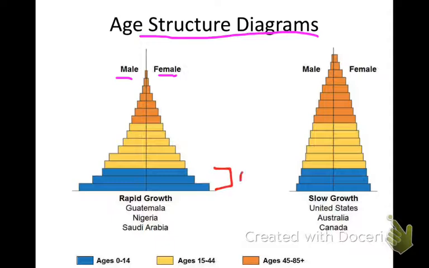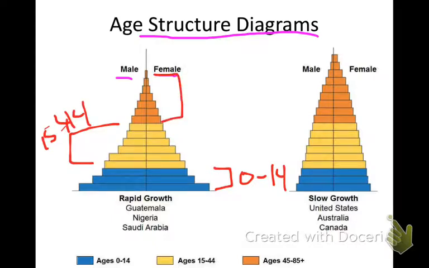So the blue here shows ages 0 to 14, so that's the young people. The yellow then shows ages 15 to 44, okay, so that's people in middle age, and then the red or orange portion here, this is 45 to 85 plus.